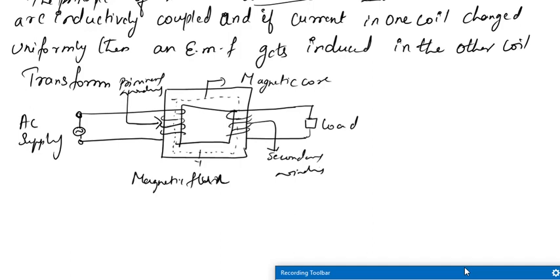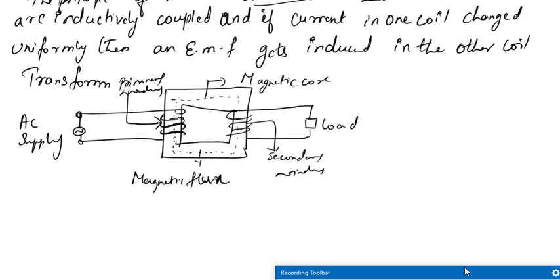As time changes, this magnetic flux links with this coil, that is the primary winding, and it will start giving rise to an electromotive force, as already stated by Faraday's law of electromagnetic induction.